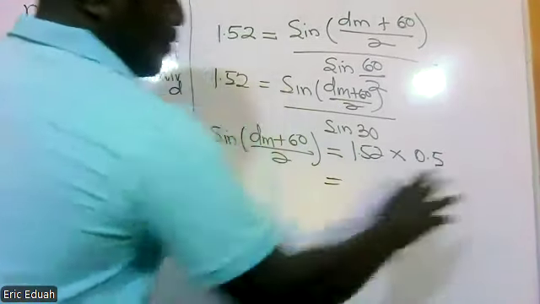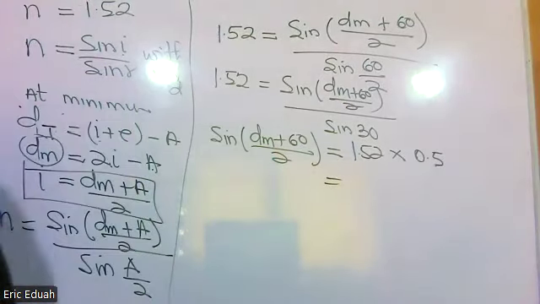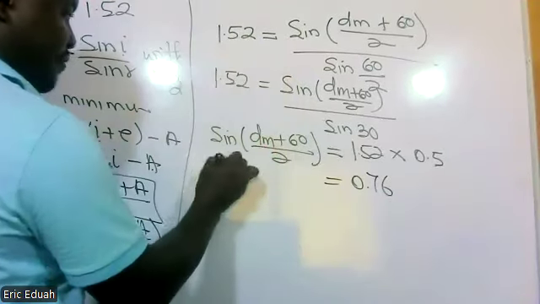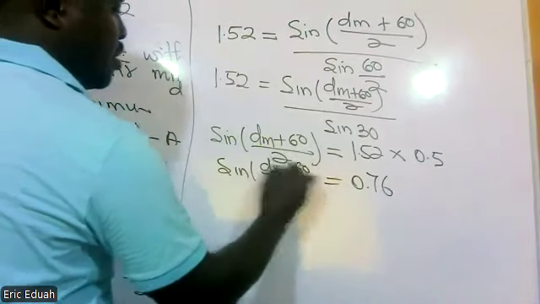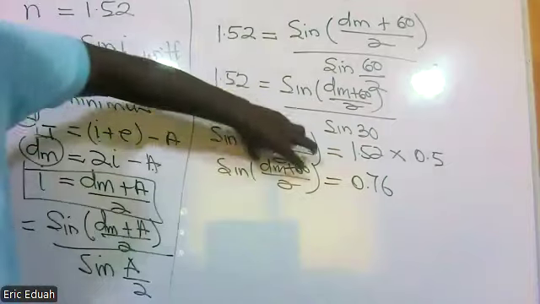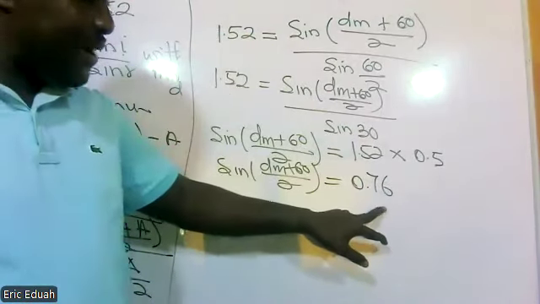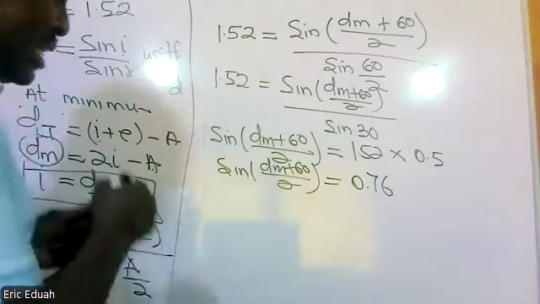Give me the product of the right-hand side. 1.52 by 0.5. 0.76. So we have sine of (dm plus 60) all on 2 equal to 0.76. Now, what I'm looking for is actually what is within the brackets. So let's take the sine inverse of the right-hand side so that we'll be able to handle what is within the bracket.